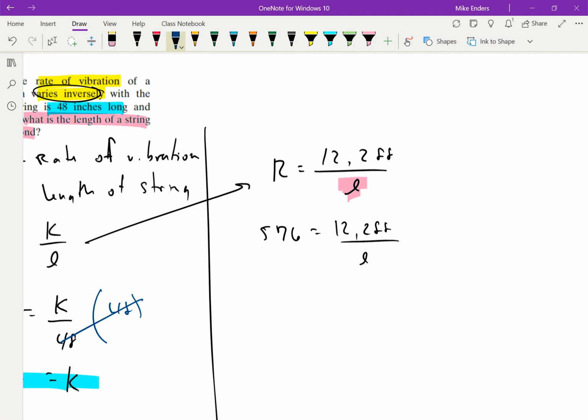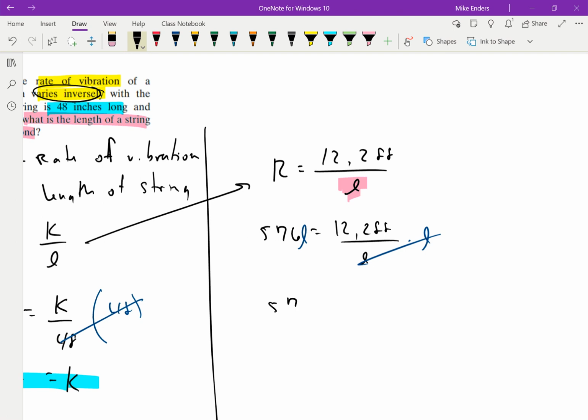So we don't want our denominator to hold the variable, so there are several different things we can do. One of these is I need to get that L out of the denominator's position. This fraction bar here means to divide. So to get rid of the division, we can always multiply. So what if we multiply both sides by L?